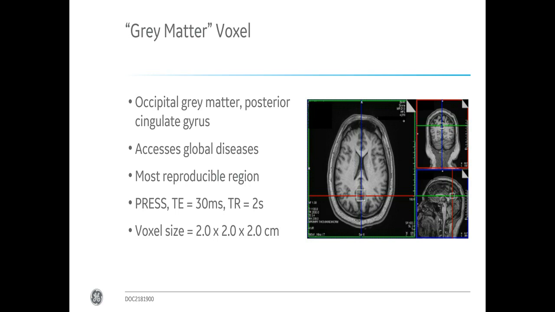So if you look at what places more or less stay at the same place, it is this posterior part. Therefore, the posterior part is very easy to place the voxel and get very stable results. And therefore, it is one of the most reproducible regions in the brain.